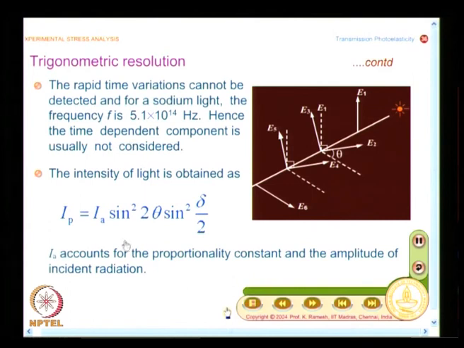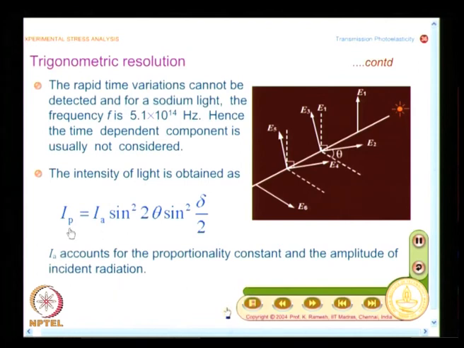And we have said this intensity is proportional to the square of the amplitude. Whatever we have put as IA, it accounts for the proportionality constant and the amplitude of incident radiation.